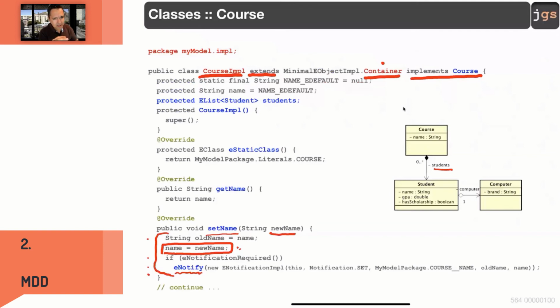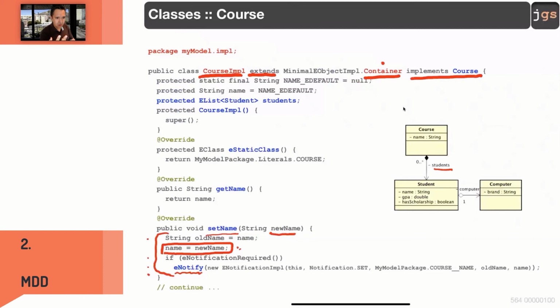You know what is this philosophy here? Every single class can be observed. Every single setter method is going to change data in the class, and every single setter method should notify the observers. Are you telling me that this class Course is going to be observed?